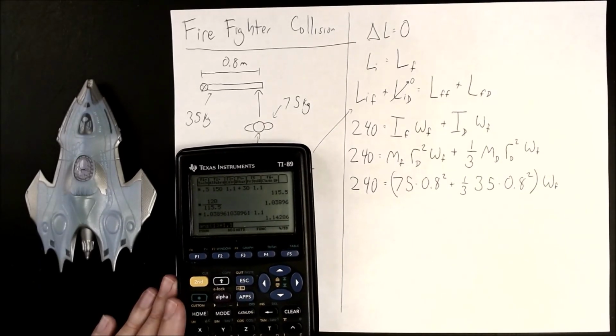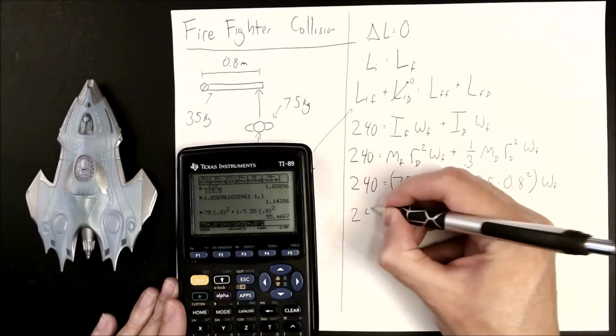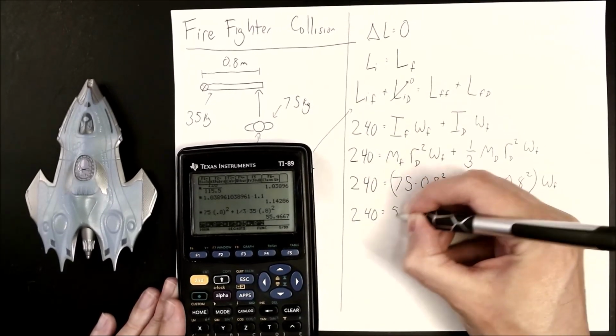We can calculate this. 75 times 0.8 squared plus 1/3 times 35 times 0.8 squared is going to be 55.47.